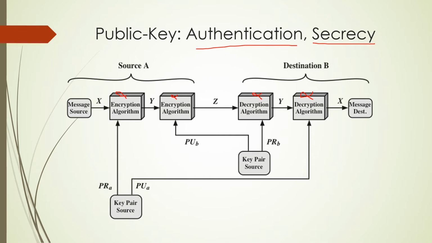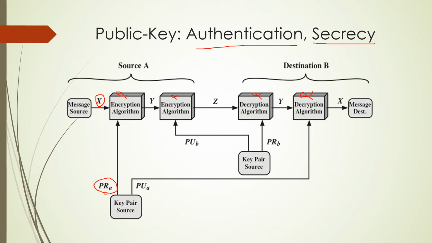The sending side has to first sign the message using sender's private key. Again, it may not sign X, it may sign H of X, which is the digest of X, but these are minor details. We don't really need to repeat them over and over.